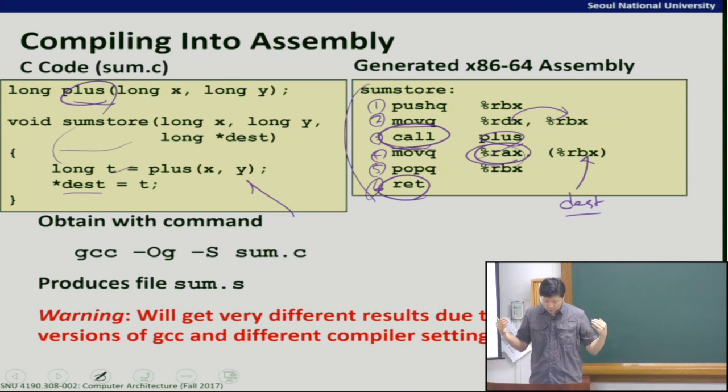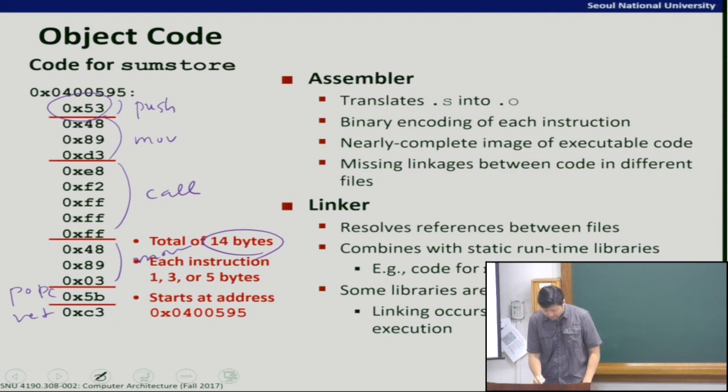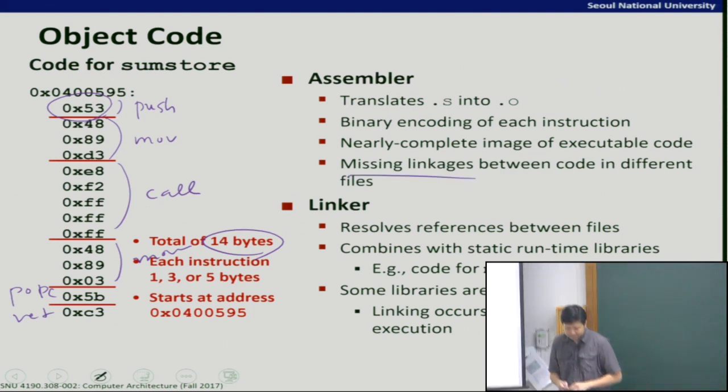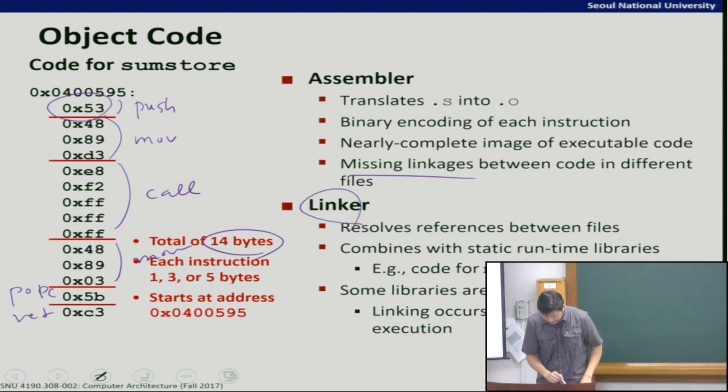So we still need a linker to link this function call and the function body together. But at the point of assembling, we don't have that information yet. There's still a missing linkage between the different files.